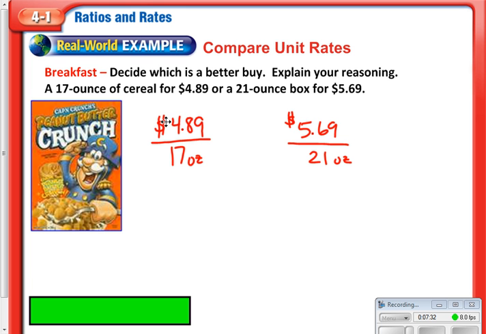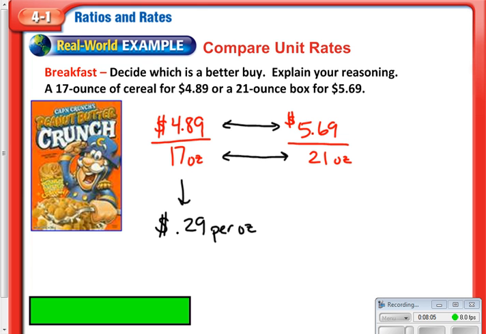When we do our division, notice on top is both are dollars, and on the bottom both are ounces. So when you do your division, it's going to be dollars per ounce. So when we figure this out, $4.89 divided by 17 ounces, you approximately get, now this would be rounded, we're talking money here, so you need 2 decimal points, approximately 29 cents per ounce.